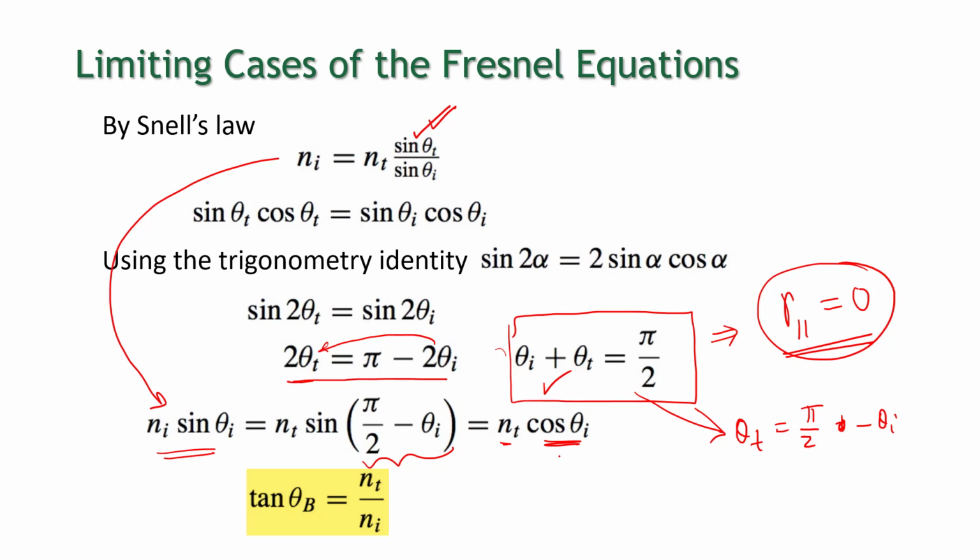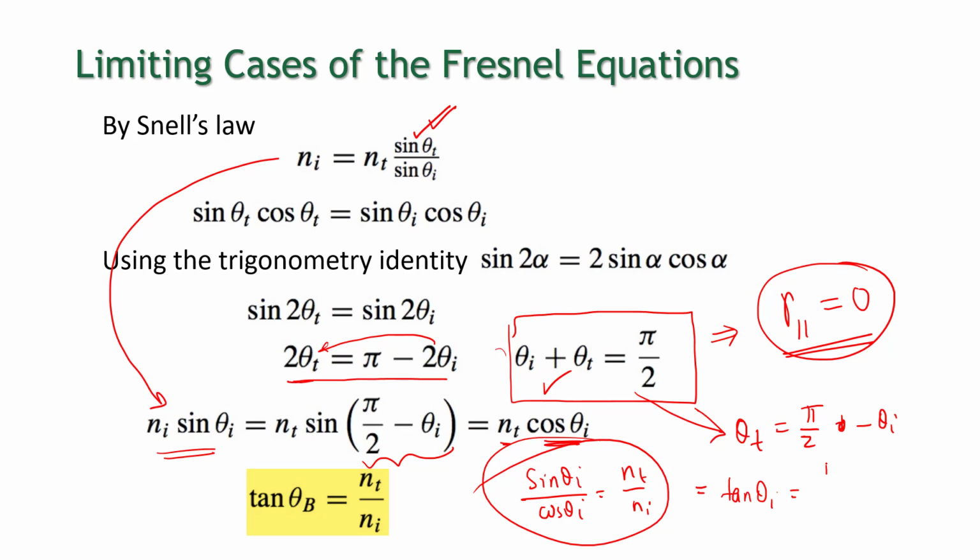And then I can take the ratio of sine theta I over cosine theta I, and then I will get Nt over Ni. So sine theta I over cosine theta I is tan theta I, and that is equal to Nt over Ni.